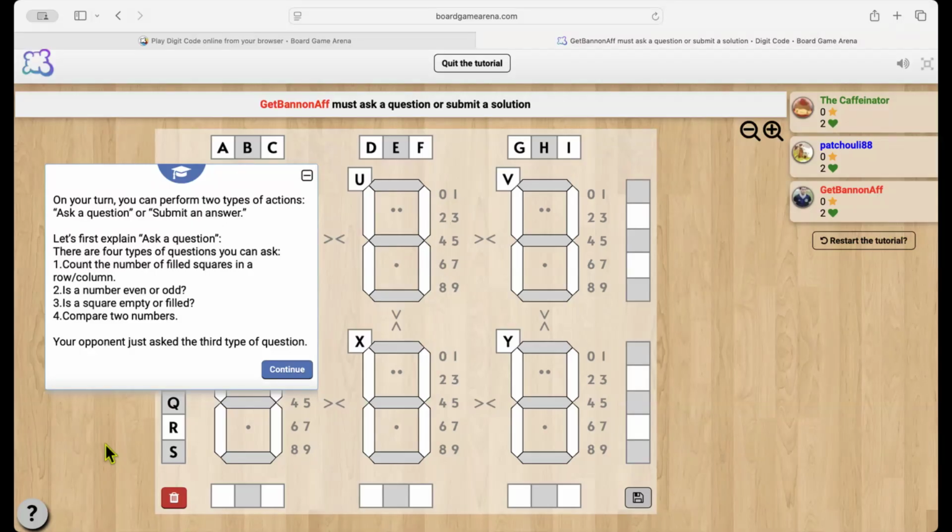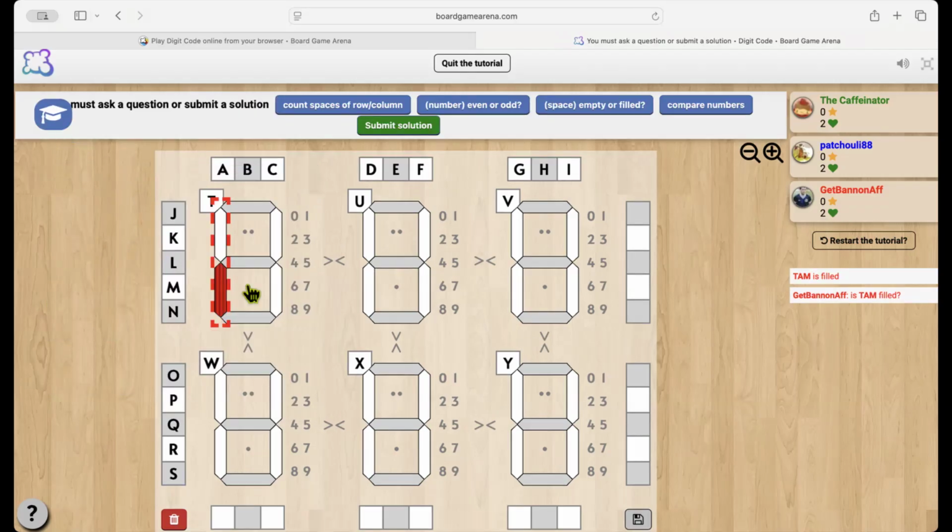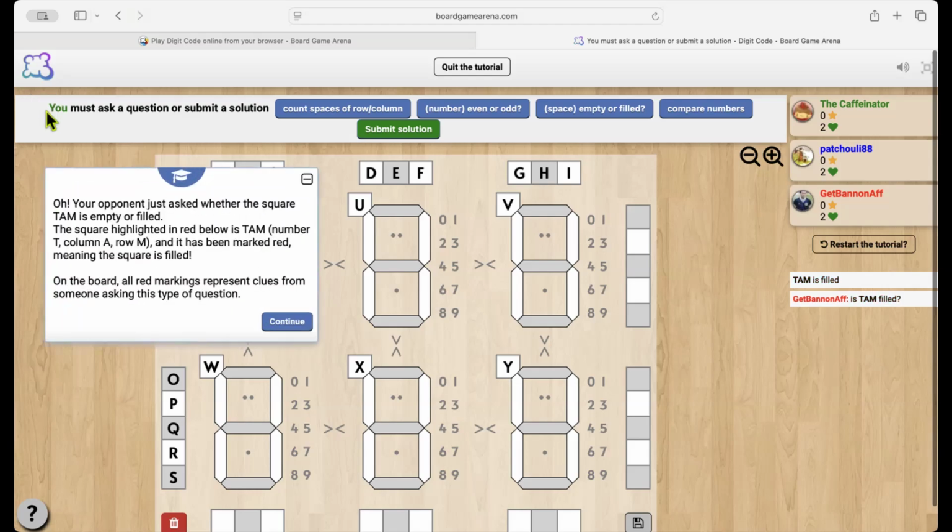Your opponent just asked the third type of question. So they asked, is the square empty or filled? You can see they asked if this one was empty or filled, and we can see that it's filled. Your opponent just asked whether the square TAM is empty or filled.